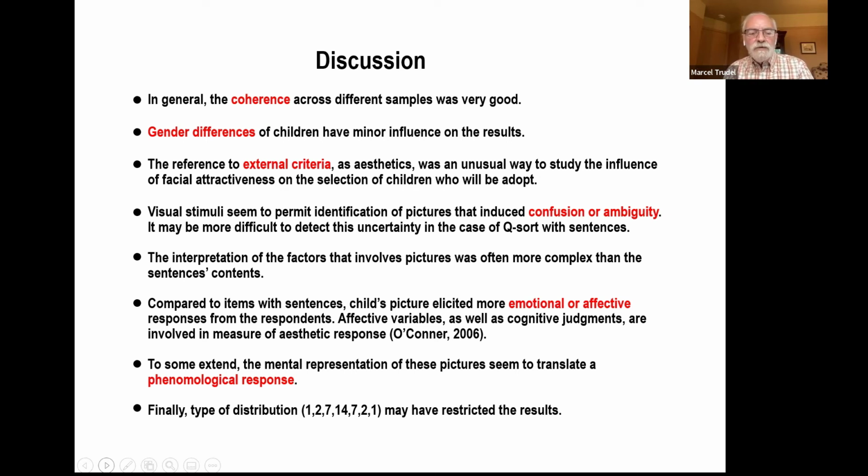I refer to Conner in 2006. To some extent, the mental representation of these pictures seems to translate a phenomenological response. But I can admit that my distribution of the 34 pictures puts a restrictive constraint on the results, but it's fun. Next.